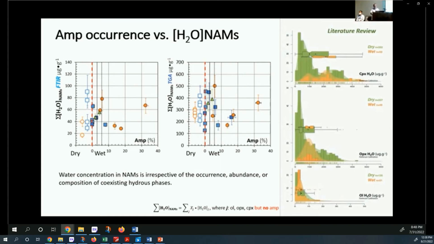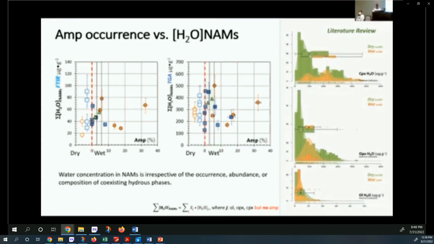And if you look at the literature data, here mostly FTIR data, you see that there is no difference between amphibole or even phlogopite bearing samples and dry samples. So in the end, the conclusion is that water abundance in NAMs is irrespective of occurrence, abundance, and composition of coexisting hydrous phases.